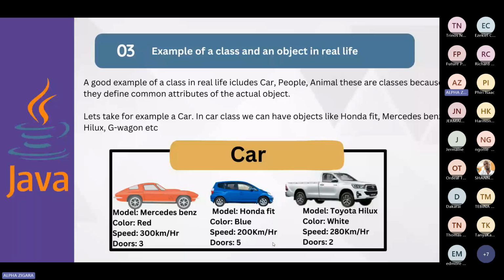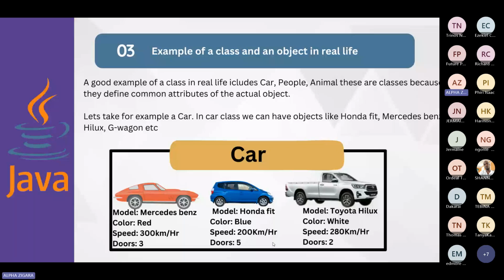We have a class called car, and the real objects of that class car are the Mercedes-Benz car, which is red in color, which has a speed limit of 300 kilometers per hour, and it's got 3 doors. We have that Honda Fit, which is blue in color and has a 200 kilometers per hour speed limit and 5 doors, as well as the Toyota Hilux, which is white in color and has 280 kilometers per hour speed, and it has got 2 doors.